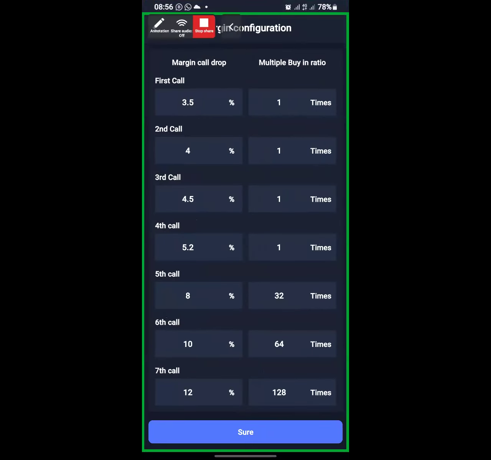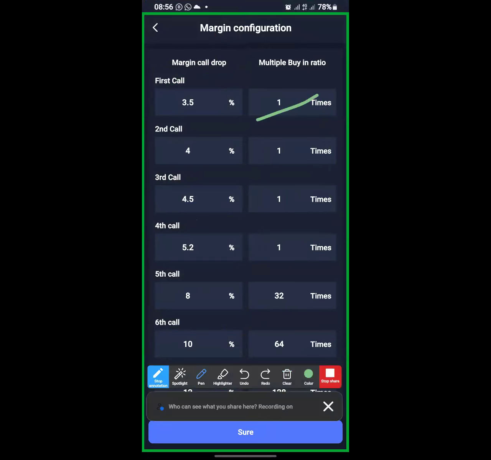That means I've exposed 10 on each and every call. That means my first buying amount was 10. That's what I first exposed. Then this is 10, 10, 10, 10. This is 40 plus 10. That means out of 500, I've used now 50.